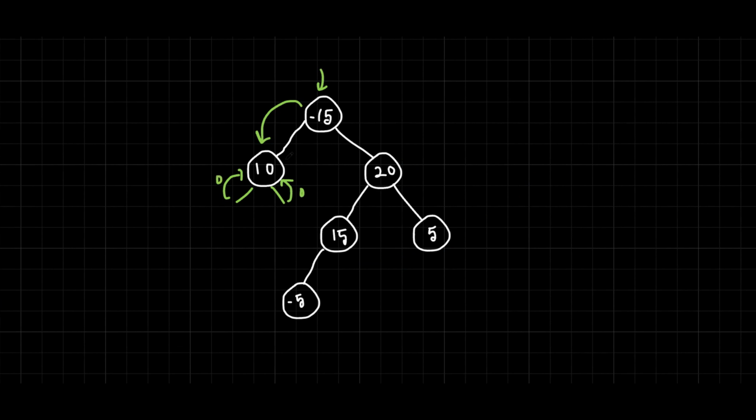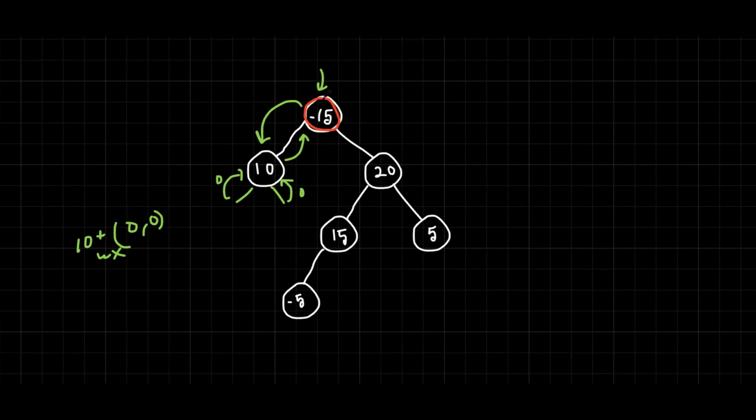Now, what will 10 return? 10 will return 10 plus the maximum of 0 and 0. Why do we use the maximum of 0 and 0? Suppose 10 is returning something, that means its parent is part of the path.